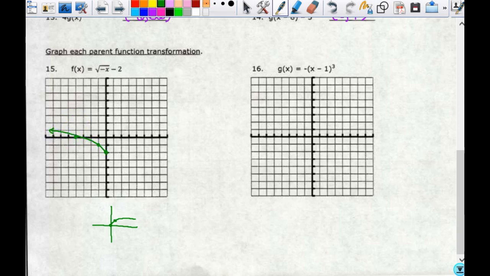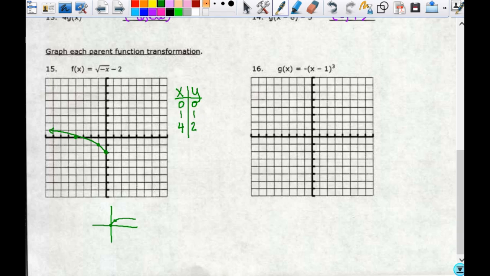You want to think of it from a table perspective. I won't necessarily do them both ways. So my original key points here for a square root would be x values 0, 1, and 4. That would give me 0, 0, 1, 1, and 4, 2.